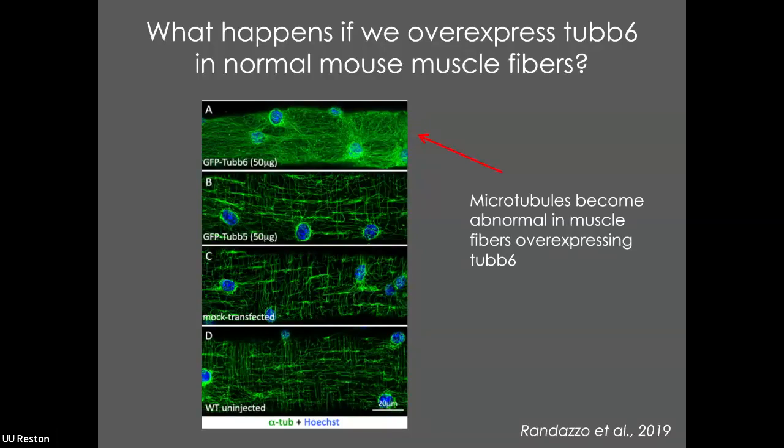And again, the top part shows an increase in microtubules, but they are very disordered, and that's when you increase this top 6. The other panels are controls, and they have normal microtubules.